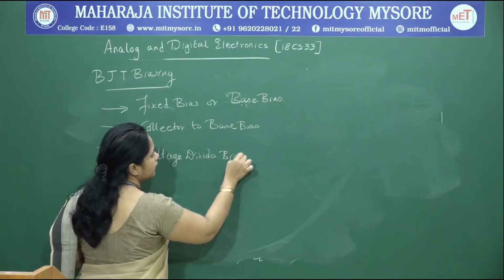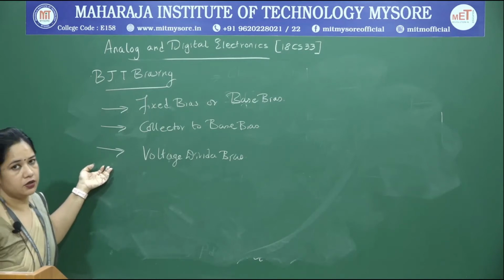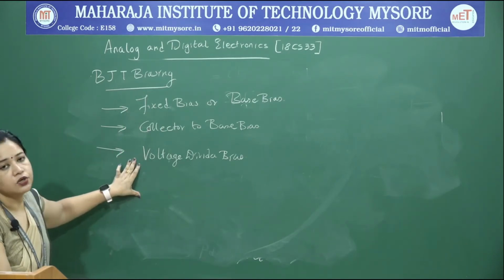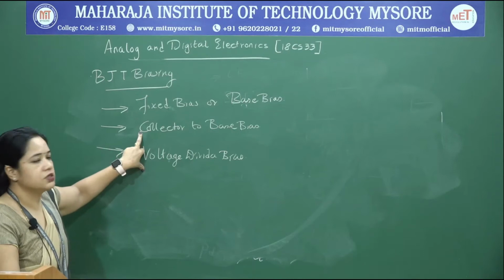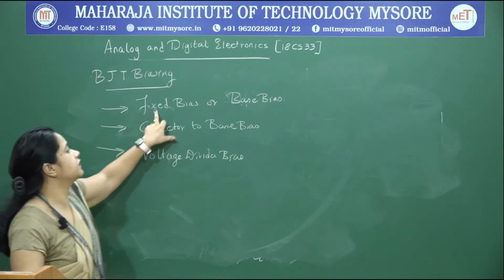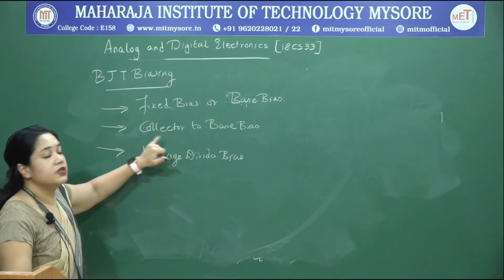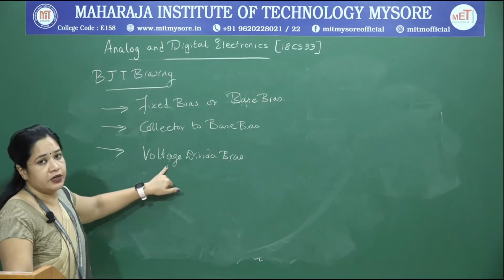Along with this you have what is called self bias. There is no mention of it in the syllabus. We will just stick to whatever is there in your prescribed textbook. We have fixed bias, also called base bias. Next we have collector to base bias and voltage divider bias.